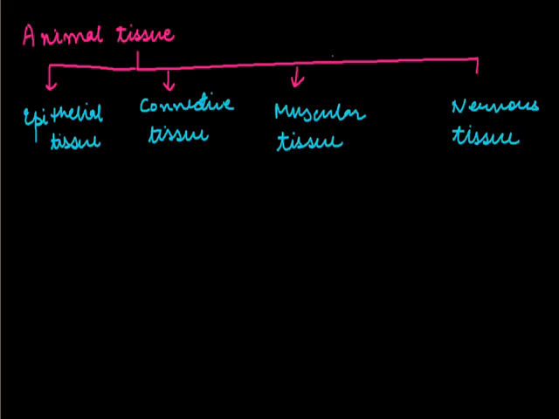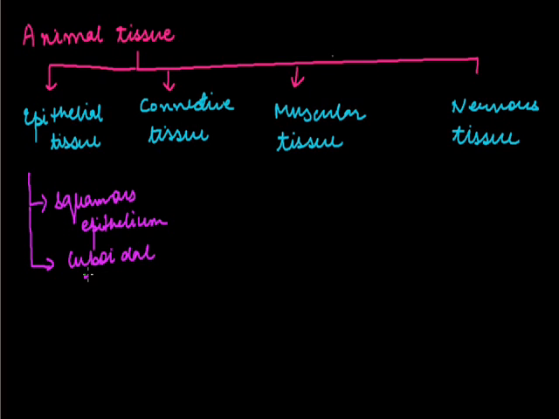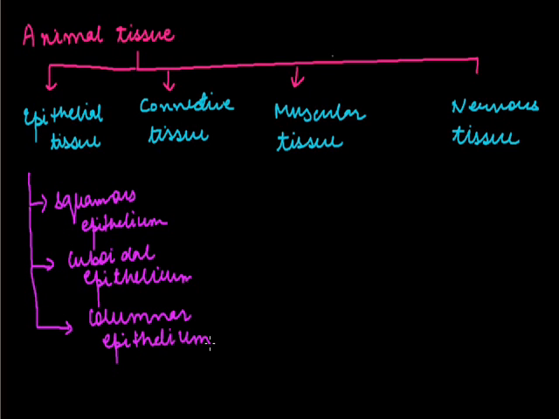Now, this epithelial tissue is further divided into squamous epithelium, cuboidal epithelium, columnar epithelium, and last is ciliated epithelium.